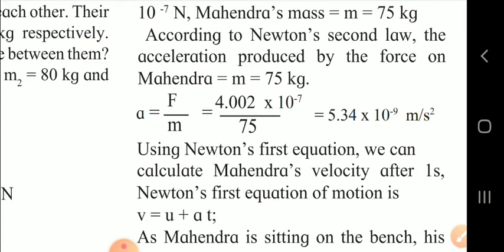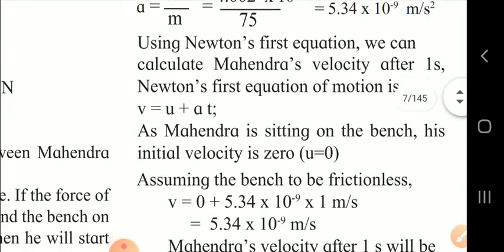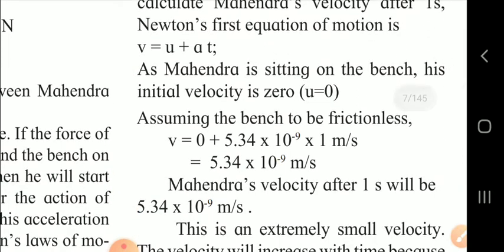Using Newton's first equation of motion, we can calculate Mahindra's velocity after 1 second. So Newton's first equation of motion is what? V is equal to U plus AT. Here, as Mahindra is sitting on the bench, his initial velocity, that is U, is 0. So V is equal to U plus AT.